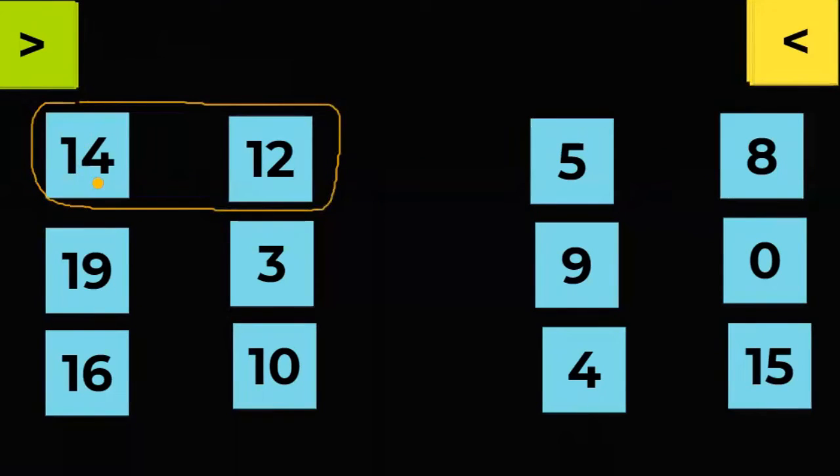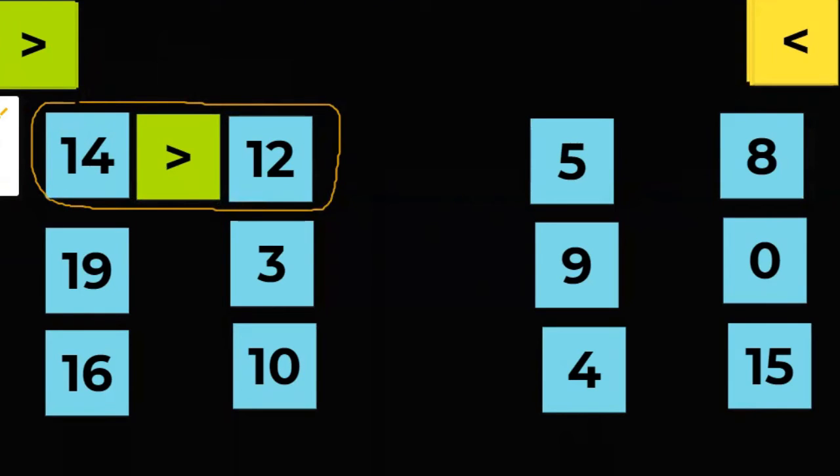But if it begins with a smaller number, then you choose the less than sign. So let's look at these two. 14 and 12, that's the first one. And it says 14 is greater than 12, or 14 is more than 12. As you can see, the sign points to the smaller number, but opens up to the bigger number.